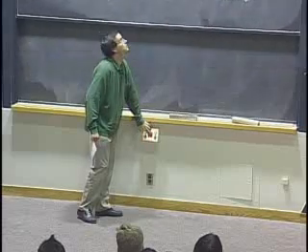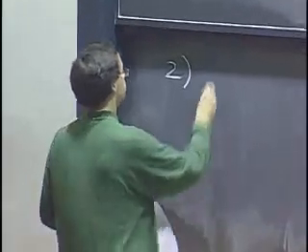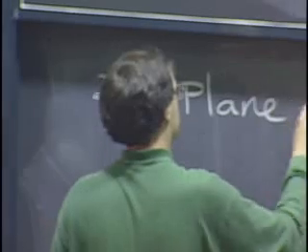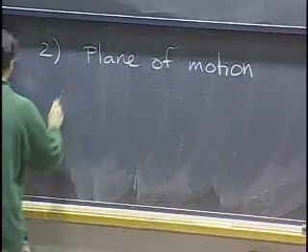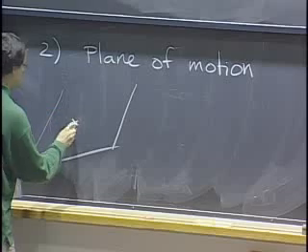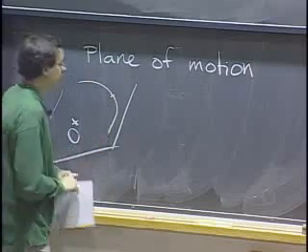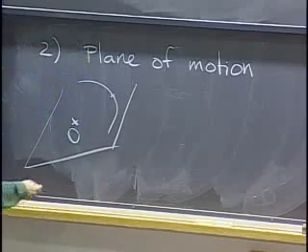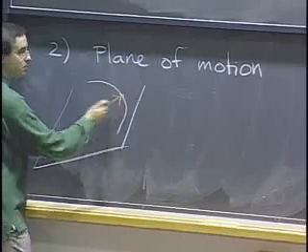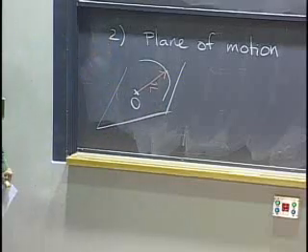Okay. Now, what about the other half of the law? Well, it says that the motion is in a plane, and so we have a plane in which the motion takes place, and it contains also the sun, and it contains the trajectory. So let's think about that plane. Well, I claim that the position vector is in the plane. That's what we are saying. But there's another vector that I know is in the plane.